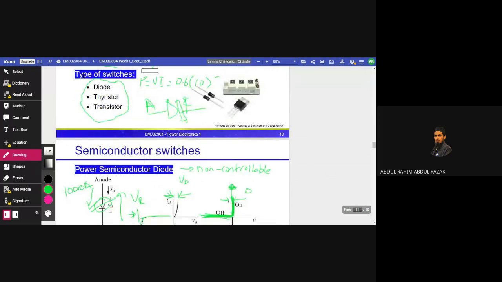MOSFET and IGBT are both transistors. MOSFET refers to metal oxide semiconductor field effect transistor, and IGBT refers to insulated gate bipolar transistor. We also have the thyristor. SCR, silicon controlled rectifier, is a thyristor. And we have the diode. These are the three major components discussed in power electronic switches.